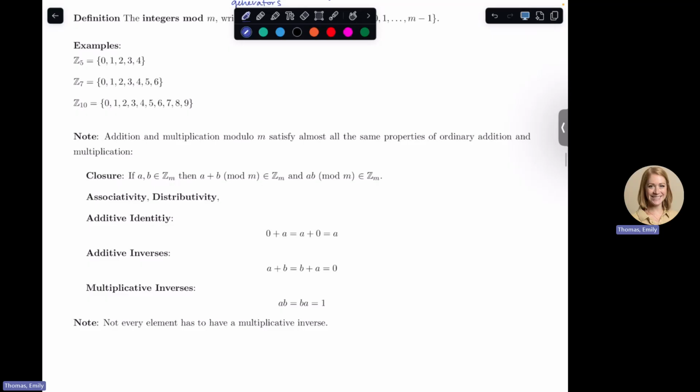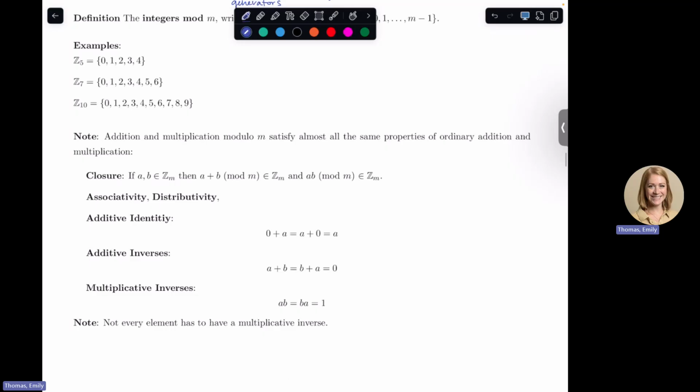So if A and B are in here, then A plus B mod M is in here. The answers to these things are in the set. That's what it means to be closed under addition. You add two things in the set, you get another thing in the set. To be closed under multiplication, you multiply two things in the set, you get another thing in the set. So under mod, they're closed.